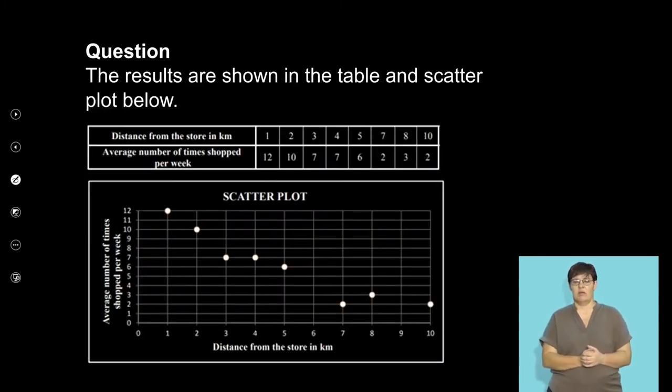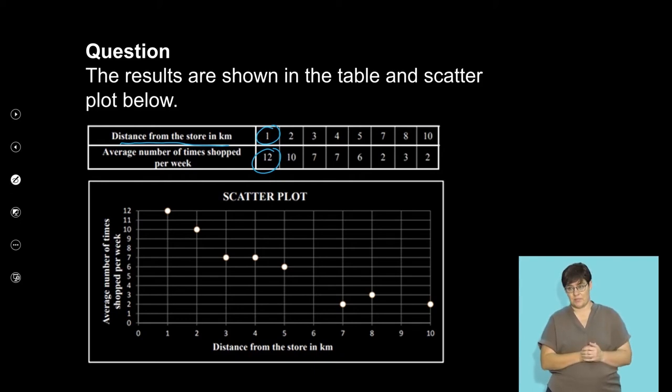So the results are shown in the table and the scatter plot. Can you see that? This is the distance from the store in kilometers, and the average number of times per week they go to the shop. So this is 1 kilometer and they go 12 times per week. That's the survey.